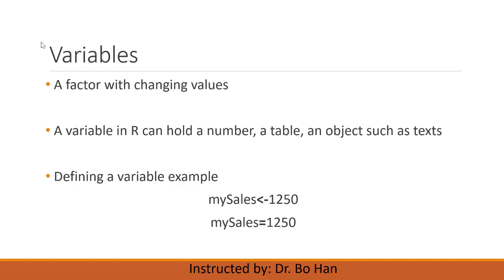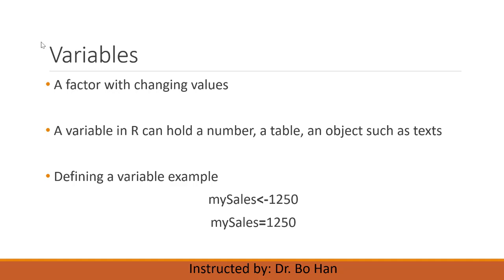On this slide, I give you two examples. I want to create a variable called my sales, and then give the value $1,250 to my sales. Notice that in the R language, I have two ways of giving a value to a variable, as you can see on this slide.